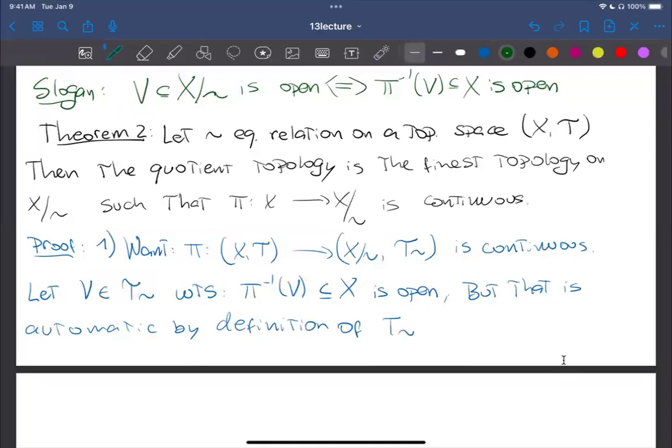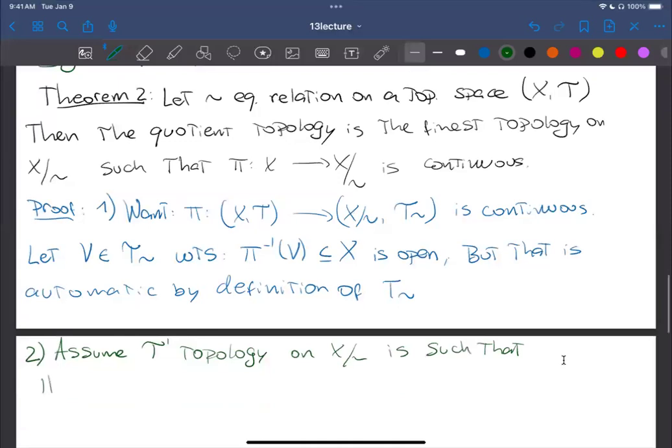Now part two. What we need to do is assume that we have some topology T prime on the quotient set such that the quotient map phi from X with its topology to the quotient set with this new topology is continuous.